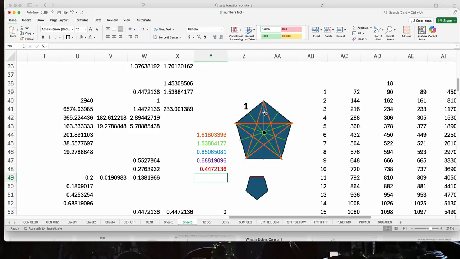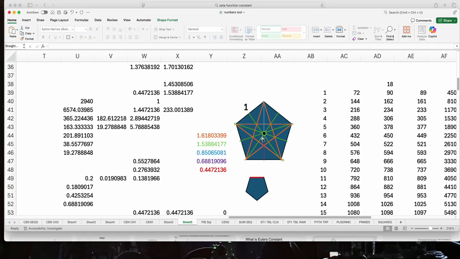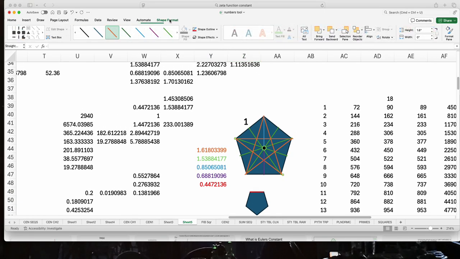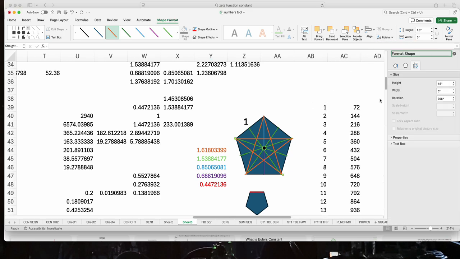And then from here, we're just going to keep adding 72 degrees to rotate this around. 72 degrees to rotate to the next, and then 72 to the next. So our rotation right here is from 18 and then to 90 and then to 234 to 306.